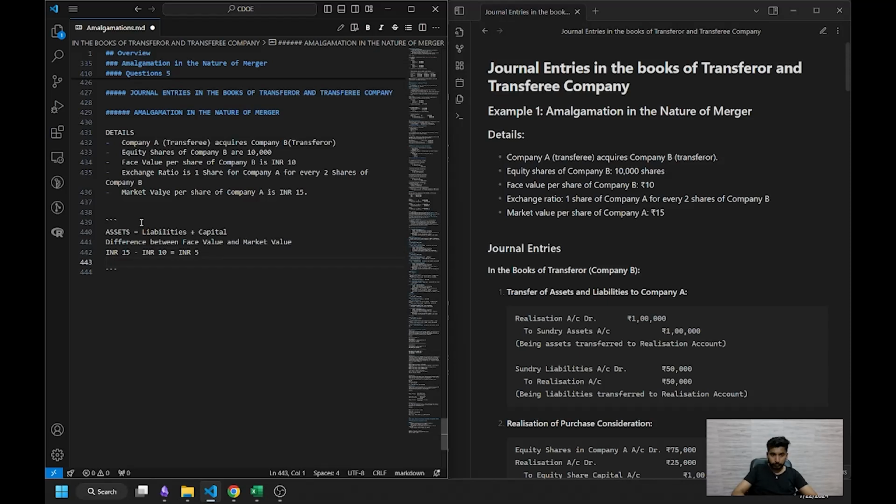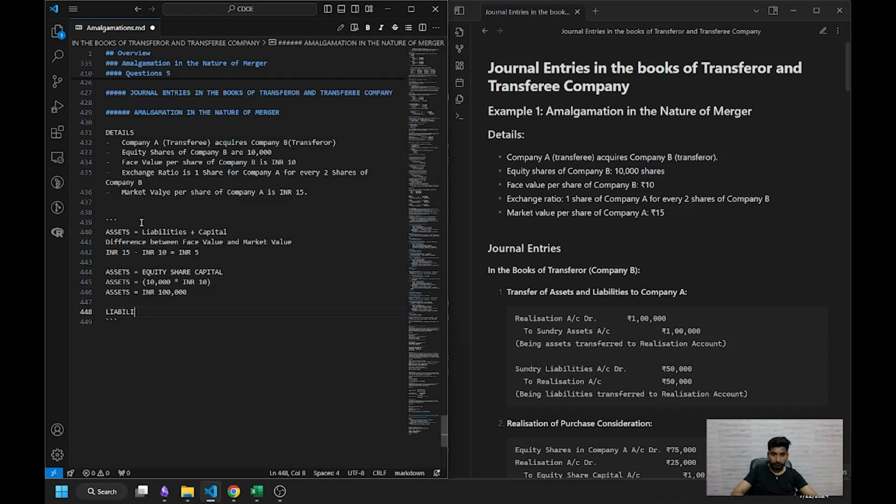Now, assets would be equal to the equity share capital of company B, which is 10,000 multiplied by rupees 10. That is 1 lakh.